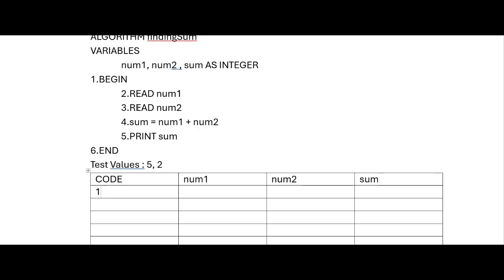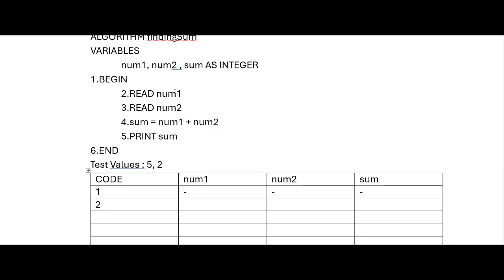So our first line of code is where we say begin. When we first start our program, there's nothing currently stored in any of our variables, right? When we initialize our variables here, we realize that not one of them has a value inside of it. So we put a dash in each of these variables, right? That basically means they are empty. In line 2 now, we are saying read num1. Now this is where we use our test values, right?